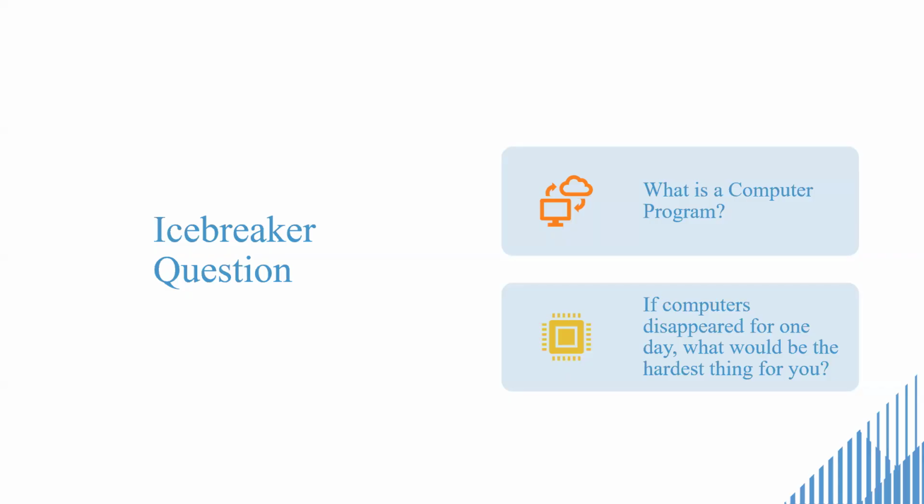And also, if computers disappeared for one day, what would be the hardest thing for you? I think everything would become hard because nowadays we use computers for everything. One of the simplest computers is our mobile device. Without computers, we cannot even communicate, calling friends, or even solving our problems. Very simple tasks of our everyday are related to the computer, for example some machines that we use at home.